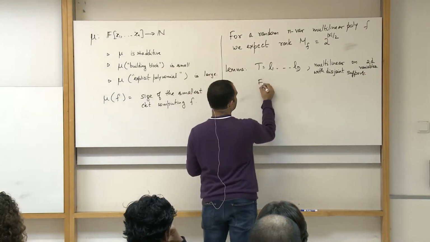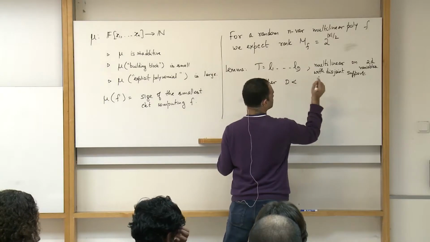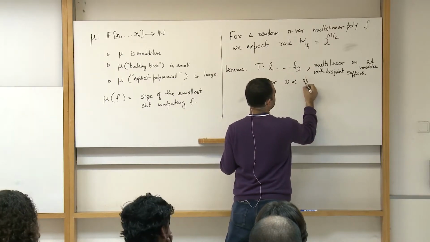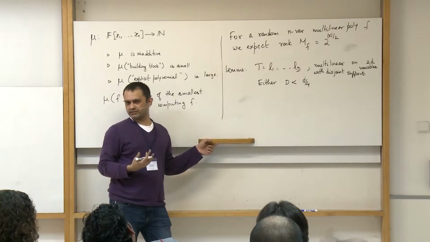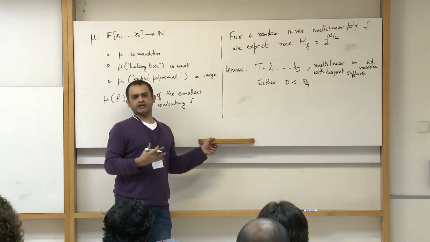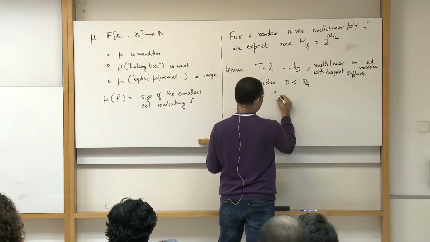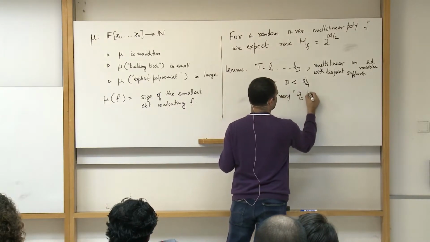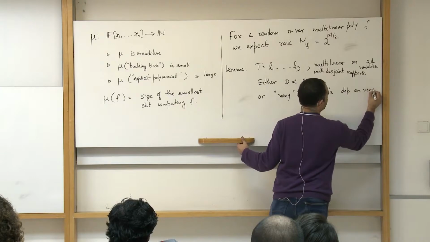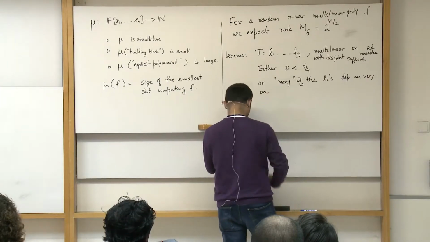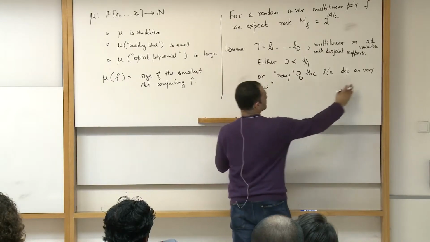I want to claim either D is less than D over 4, the number of linear polynomials that you're multiplying, in which case I'm just going to apply the trivial bound of 2 power D over 4 for this term, or many of the LIs depend on very few variables.